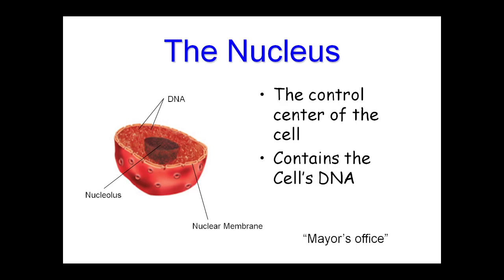The mayor's office controls all the essential functions of a town. The nucleus controls all the essential management functions, and several of the working efficiencies of the cell are controlled by this center only. So it's also considered the mayor's office and the control unit of the cell.